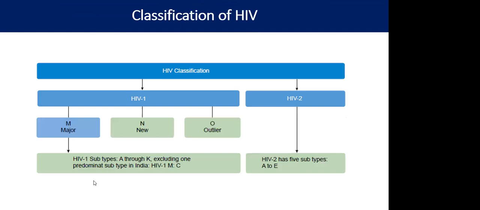And this is a little bit about HIV. As you all know, the large majority of infections in our country are HIV-1, and globally also, except in West Africa, where HIV-2 is relatively common.